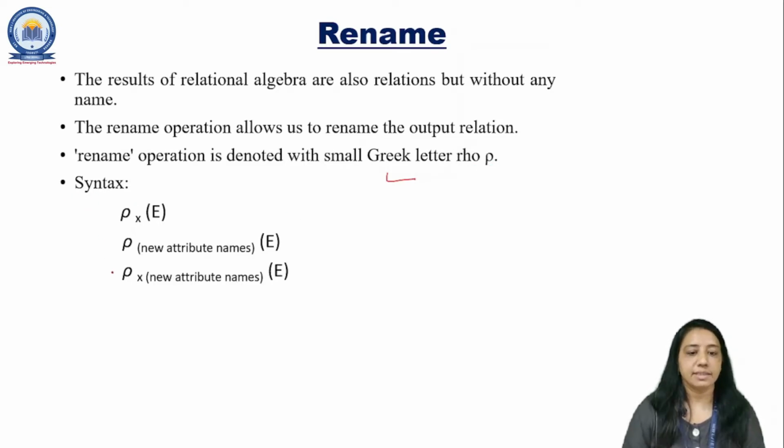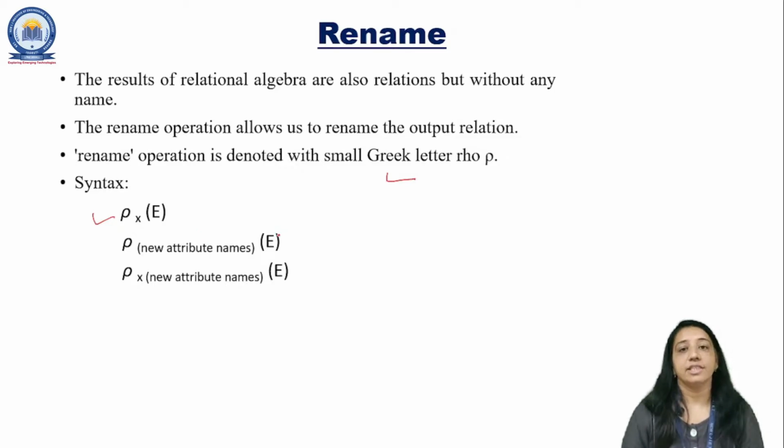So the syntax is 3-1. It is not only that you can rename or give another name to the relation; you can also give names to the attributes of the relation. So the first syntax is rho with x as a subscript and e, where e is the expression.